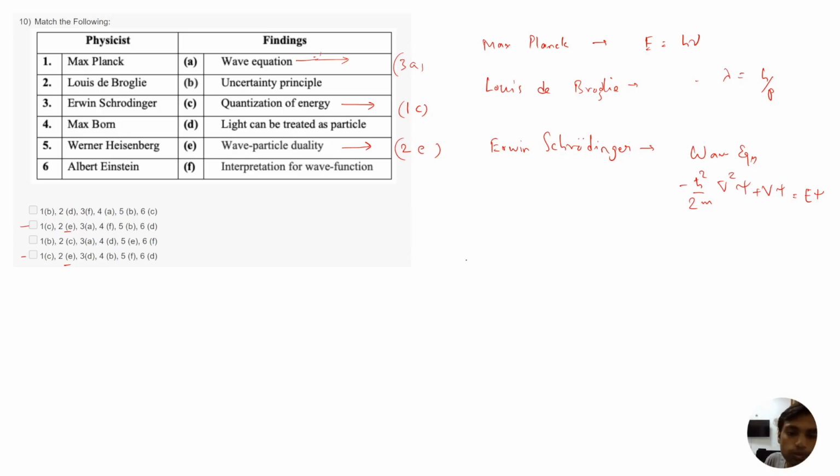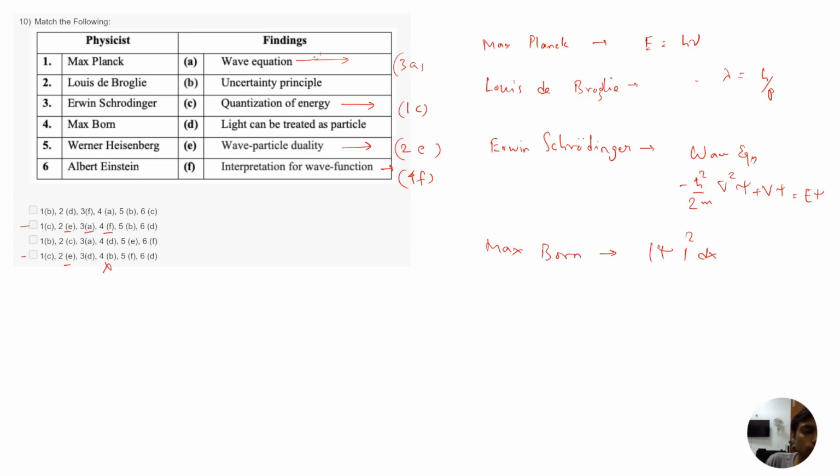Then Max Born interpreted the wave function: psi mod square dx is the probability. So this is the contribution of Max Born, 4f. So 3a and 4f are already here; 4b is wrong.